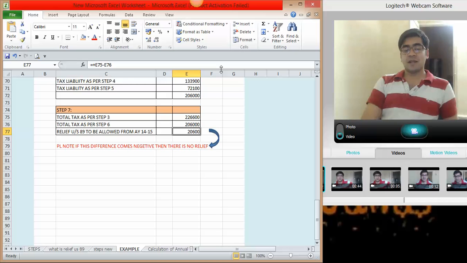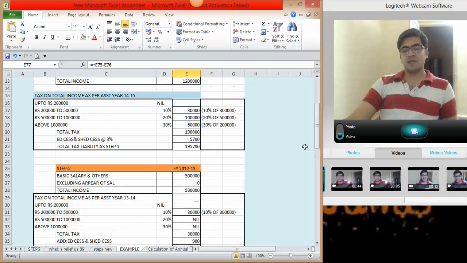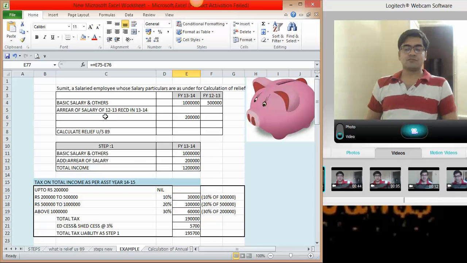In that case, it might happen that your step 3 amount may be less than your step 6, and you won't get any relief, because only if you have paid higher taxes will you get the relief. Otherwise, how can you get the relief? So I hope this tutorial will make sense for all of you who wish to calculate relief under section 89, whether they have got some arrear from their employer, or arrear of bonus, or arrear after pay revision.